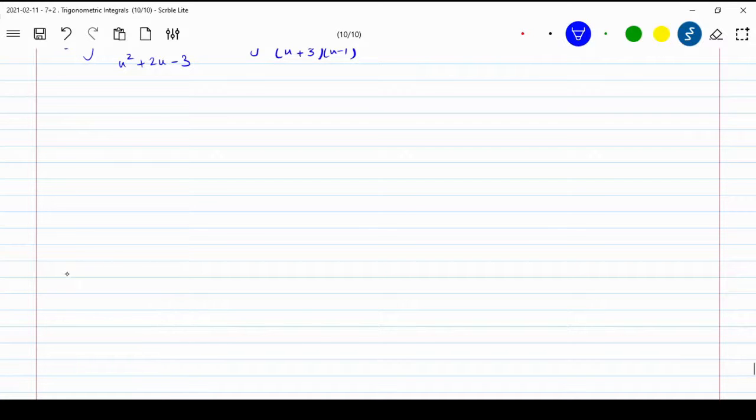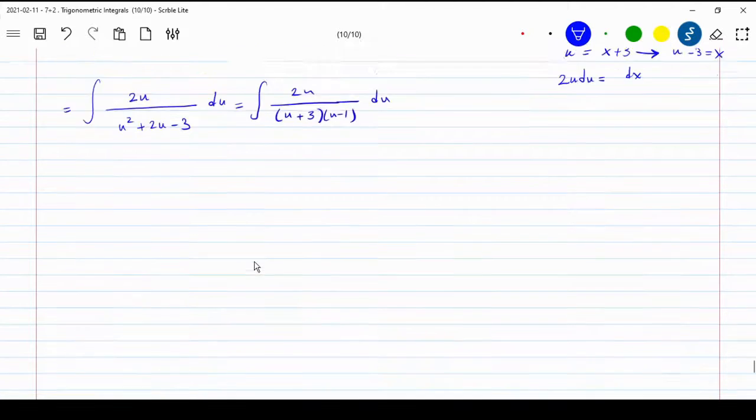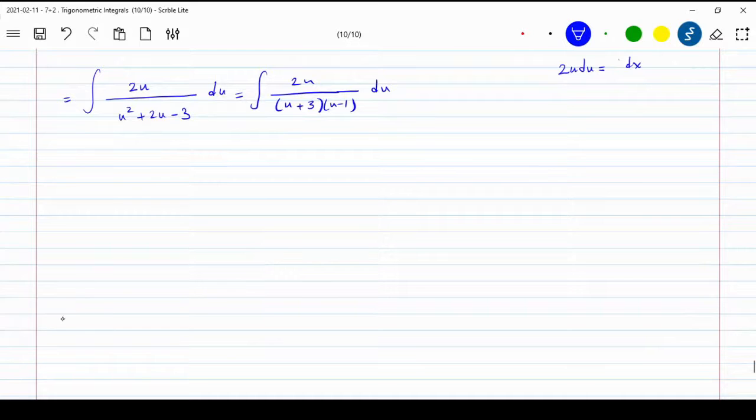So I can write this integral as, actually let me write it down here. I can write this fraction as 2u divided by u plus 3 u minus 1 equals something divided by u plus 3 plus another constant divided by u minus 1.